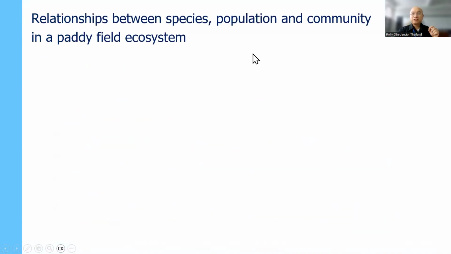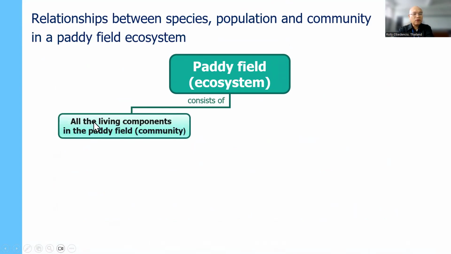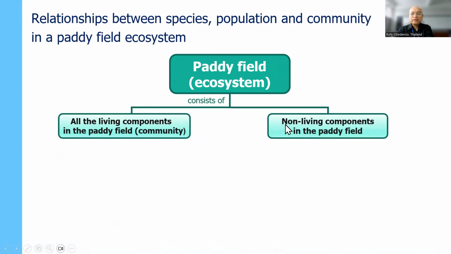Relationships between species, population, and community in a paddy field ecosystem. We have the paddy field ecosystem, which consists of all the living components in the paddy field, or community. And on the right we have the non-living components in the paddy field.